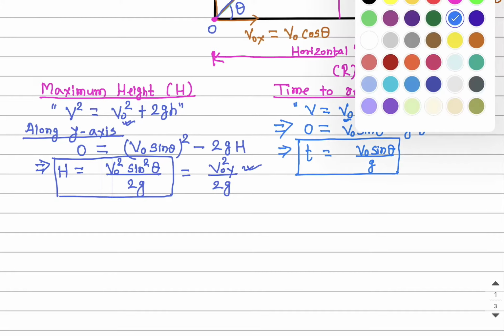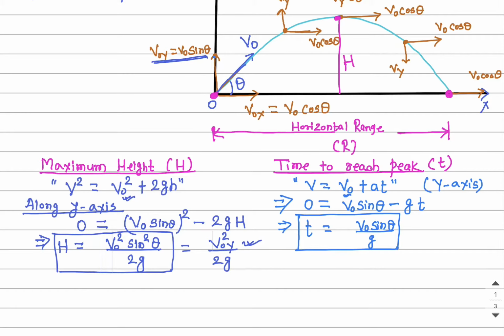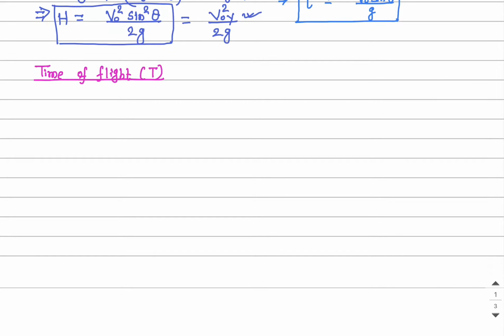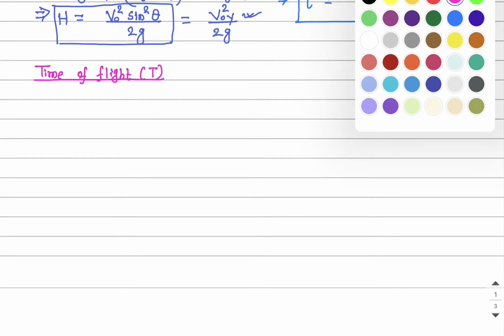Now let's calculate how long it takes to reach the ground. From this point to this point, this is called the time of flight, or the time the object, the particle, or the projectile remains in air. We have calculated the time it takes to go from the ground to the peak.